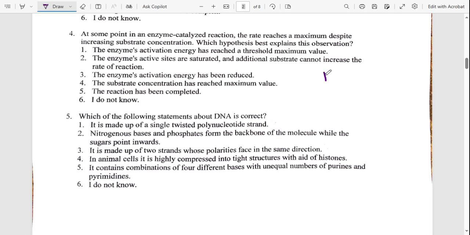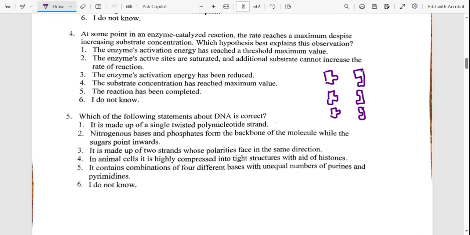Say this is an enzyme, this is an enzyme, this is an enzyme, and then you have got substrates, say they are like this. At this point, because you have got 3 enzymes, when you have only one substrate, the reaction is going to be slow.